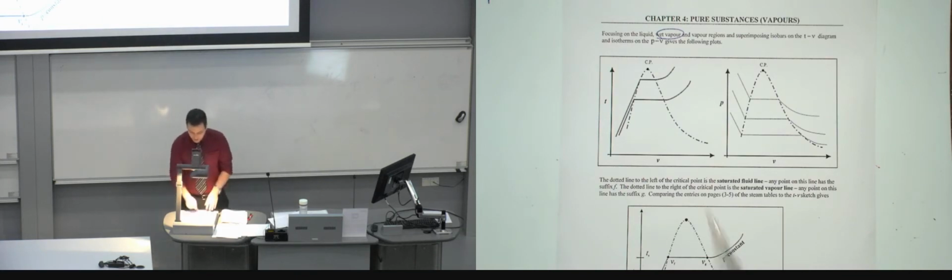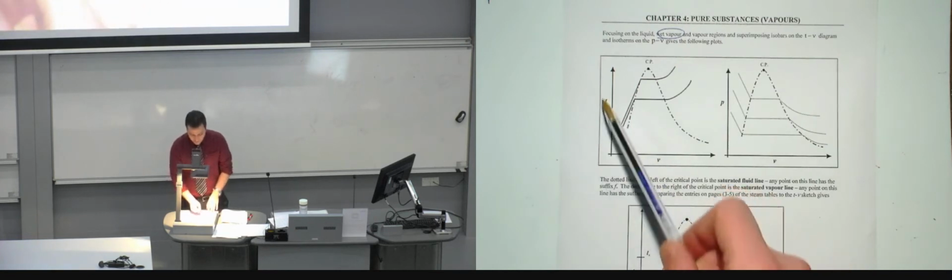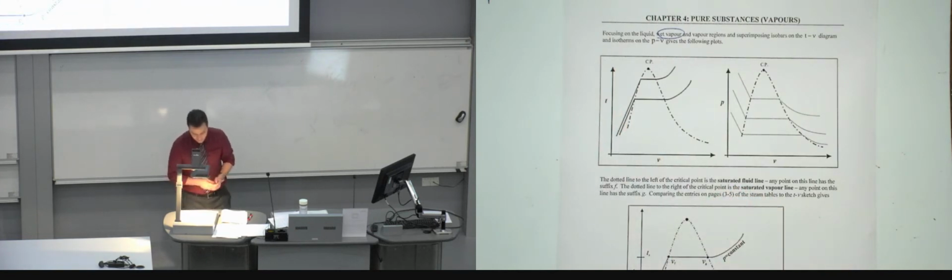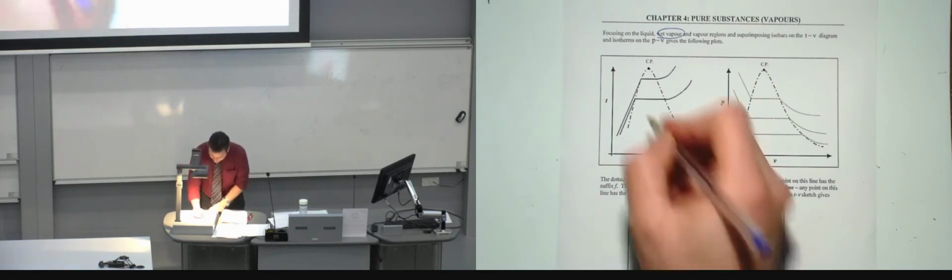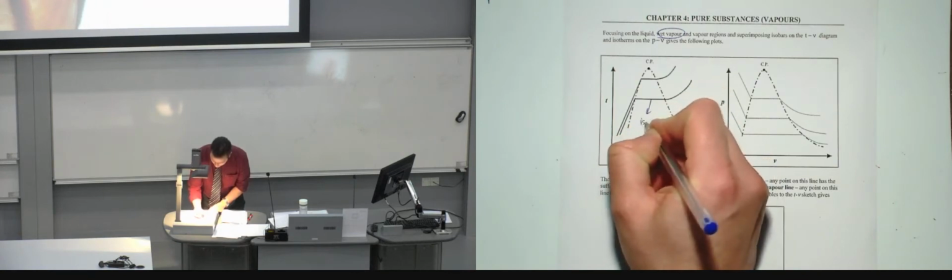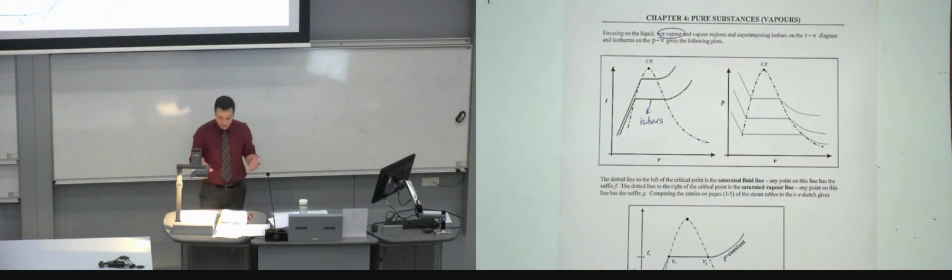What these two diagrams explain is that when you have a TV diagram, with temperature and specific volume, it is quite useful to draw constant pressure lines, and these are what we call isobars. And as I said, you can have an unlimited number of isobars drawn on this diagram.